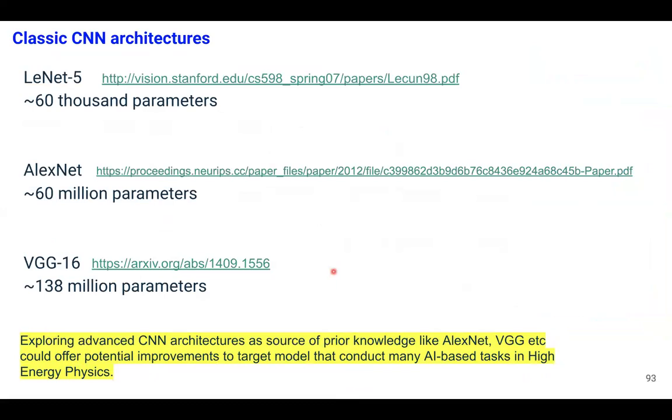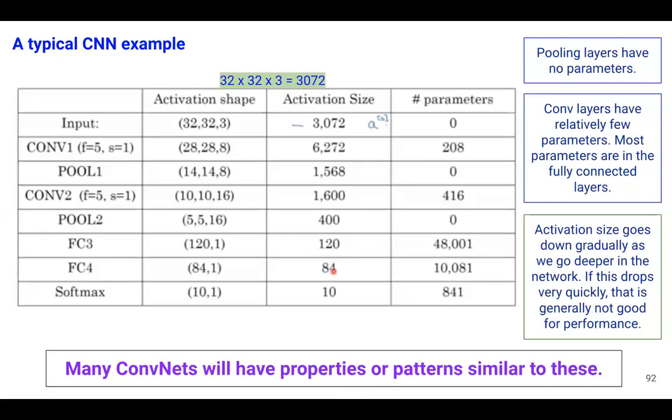Could you please go back? So how do we know the shape is going to flatten after pool 2? This is your choice. When you flatten it out, that is your choice.